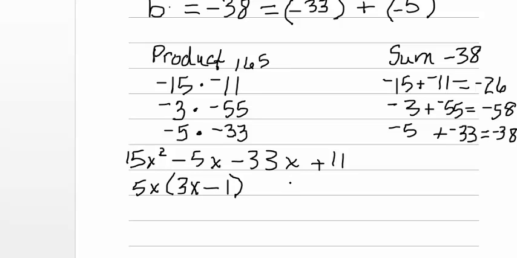Since I was able to find these two numbers that multiplied to give AC and added to give B, then I know, as long as I'm not making any errors, that there's a GCF of the last two terms that also multiplies by 3x minus 1. And actually, I'm going to use colors here.